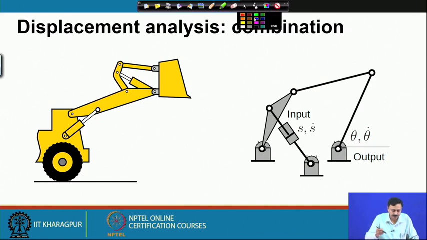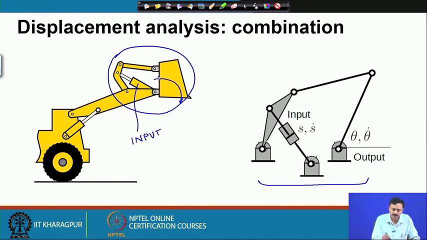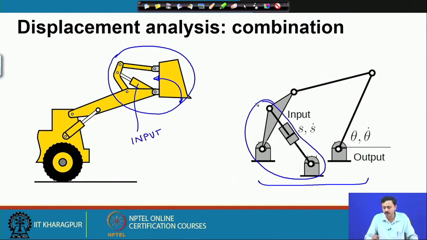If you focus on this part of the mechanism, it is akin to this kinematic chain, where the input is the prismatic actuator and output is the angular motion of the bin. So, we have here this 3R 1p chain of type 2.